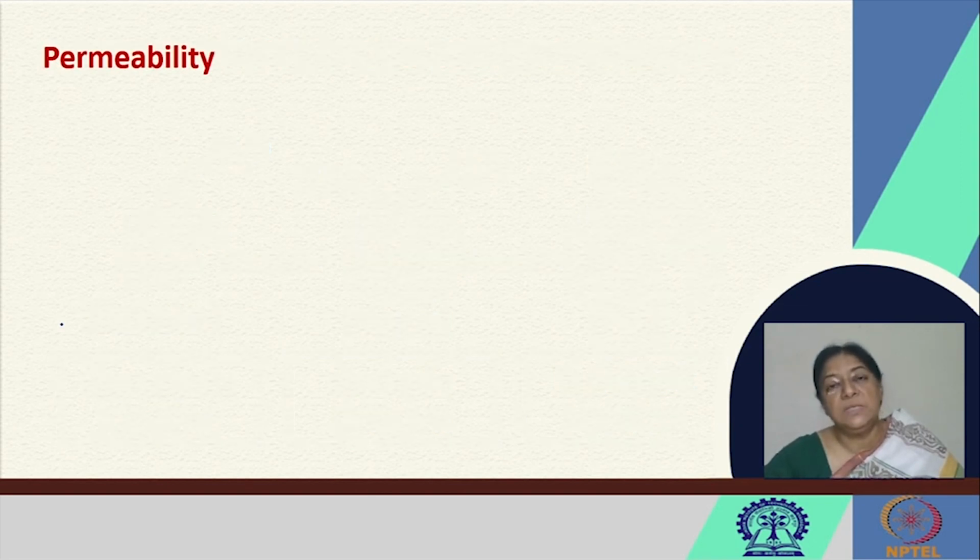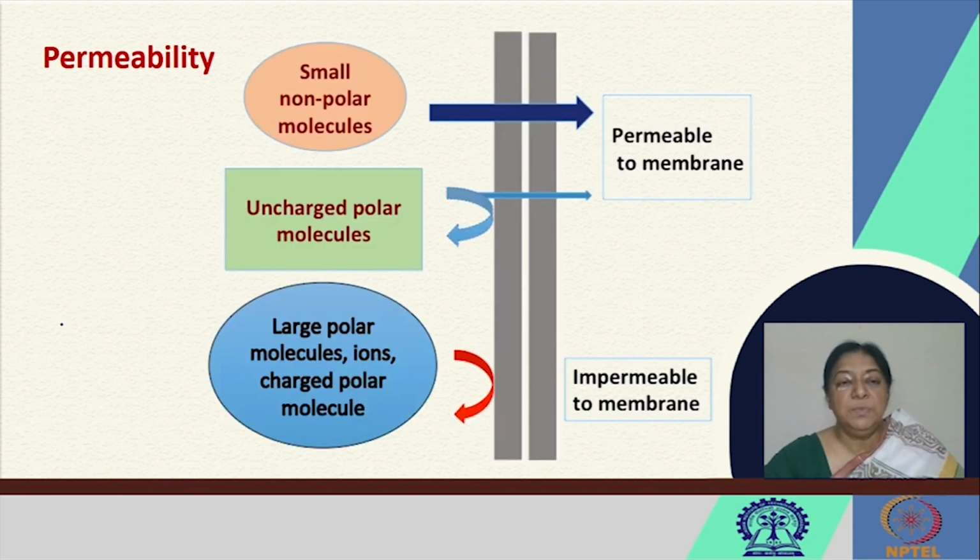So we look at the concept of membrane permeability. When we look at membrane permeability, we understand that this is our lipid bilayer. We can have small polar molecules that would be permeable to the membrane. There could be uncharged polar molecules that may or may not pass through the membrane. However, there could be very large polar molecules, other ions and charged polar molecules that would be impermeable to the membrane.